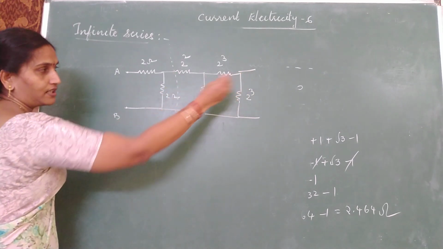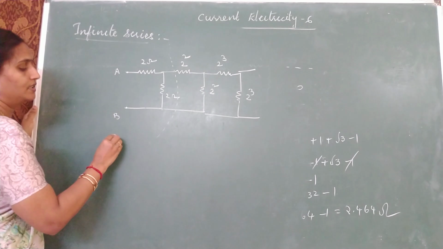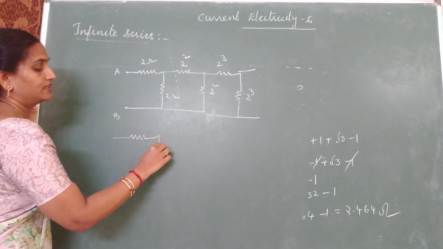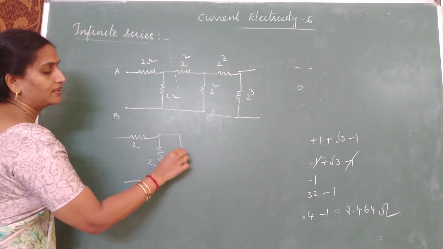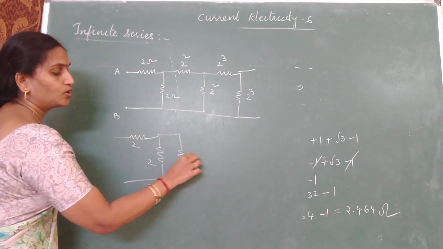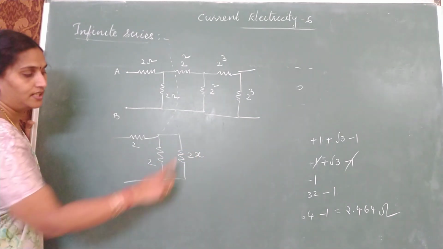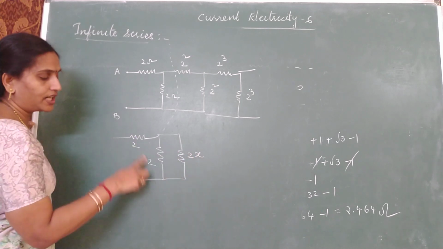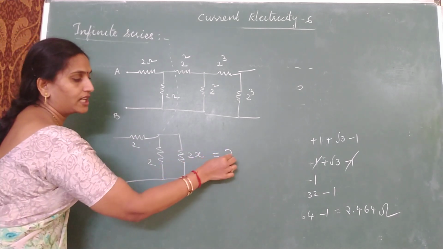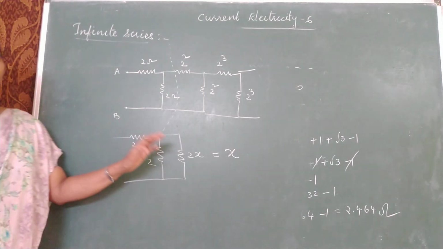Since this part is 2 times the resistance of the primary circuit, I will assume that the resistance of the remaining part, leaving one branch, is 2 times x. Previously we took this as x, now this part is 2 times x. Even after adding this branch, your answer should remain as what? X. Again I am repeating the logic.